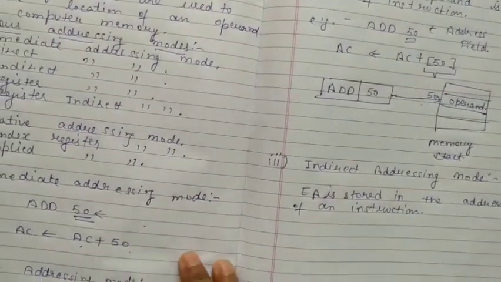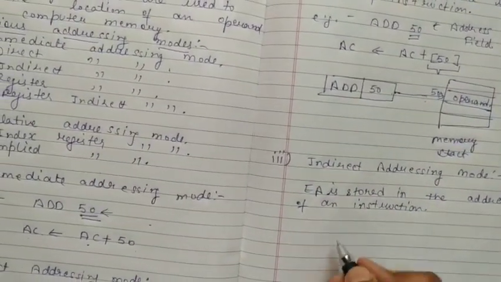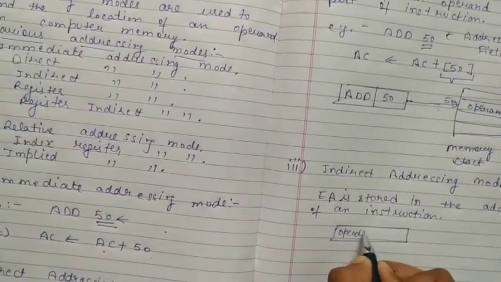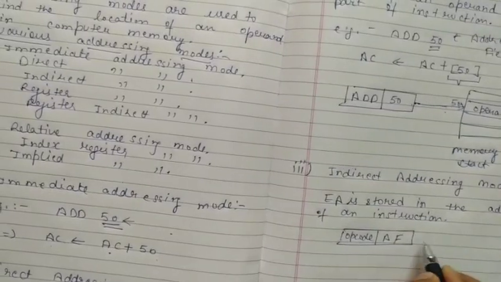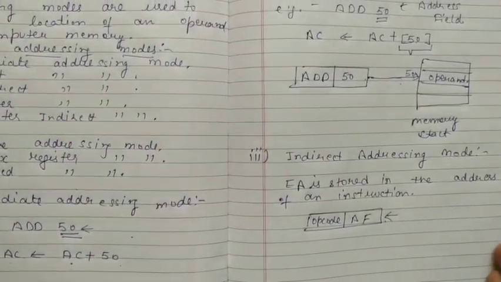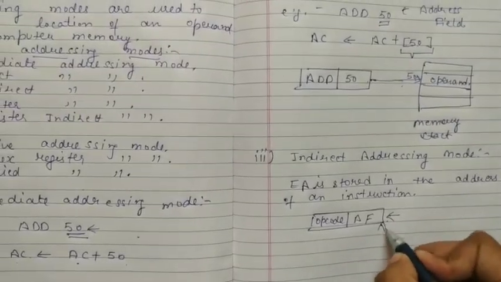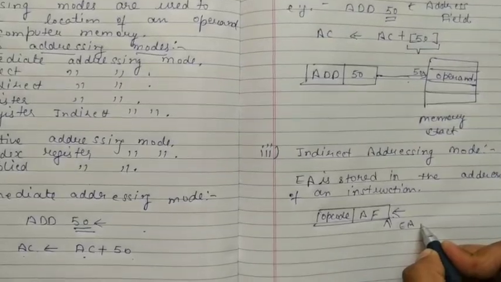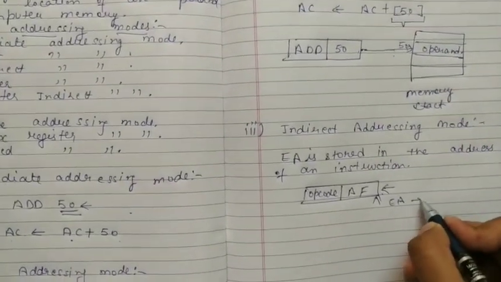It means that here we have our opcode and here our address field. This address field will not directly store the address of the operand, but it will store the effective address of the operand, and at that effective address we have our operand.